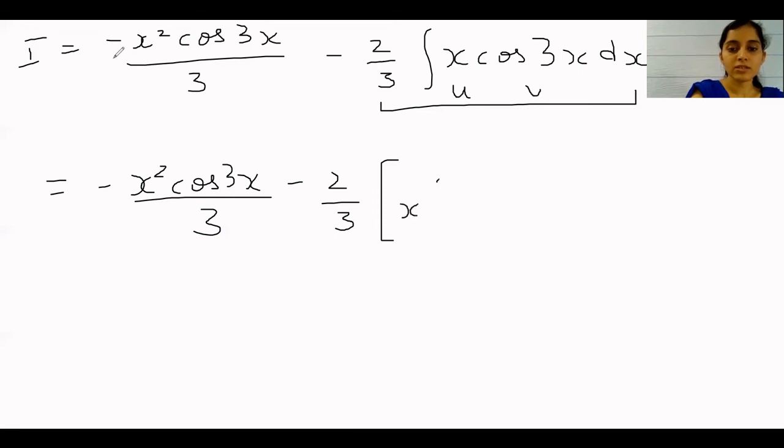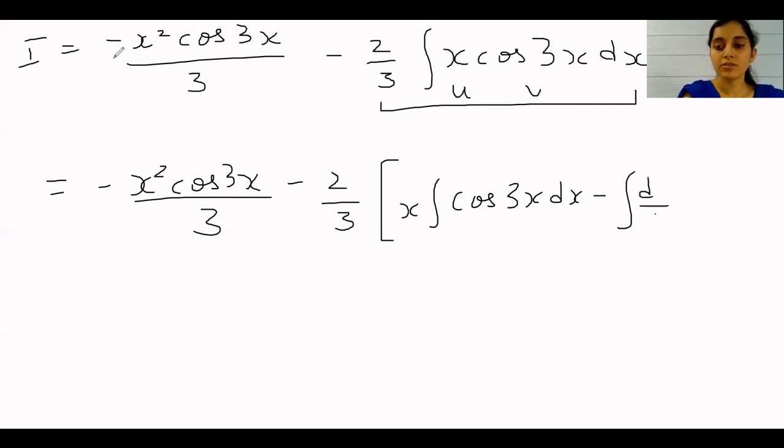So x integral cos 3x dx, minus integration of d by dx of u times integral cos 3x dx. The dx is missing, so close the square bracket.